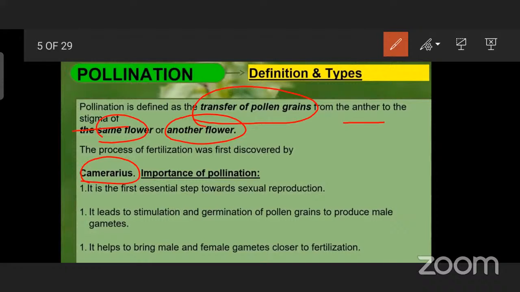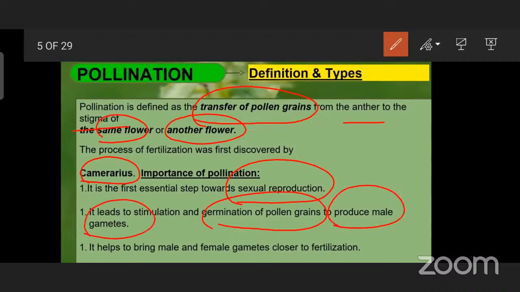Next, what is the importance of pollination? The first one, it is an essential step towards sexual reproduction, and it leads to stimulation and germination of pollen grains to produce male gametes.